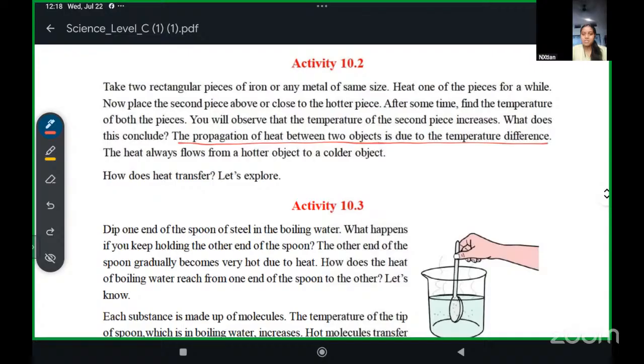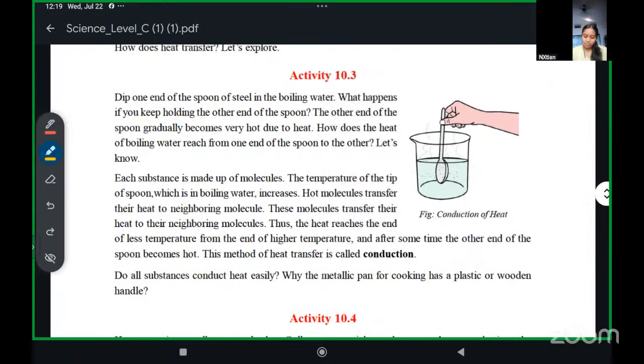When there is a temperature difference between two objects, the heat transfers. And the heat always transfers from a hotter object to a colder object. Very important. The heat always transfers from a hotter object to a colder object. So this is how propagation of heat takes place.